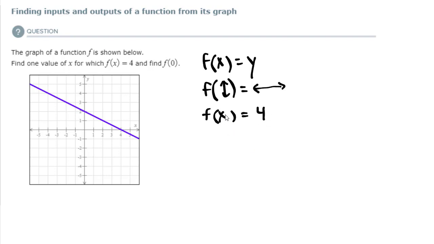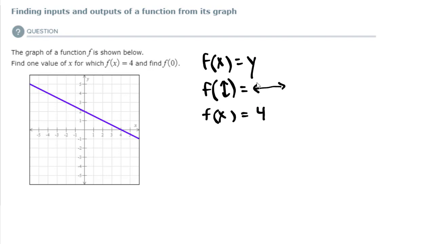What I need to find is the value for x, and the line above the x is going to help me find that. And above the 4, this line is going to help me figure out what the answer for x is. Here's how you're going to do it.